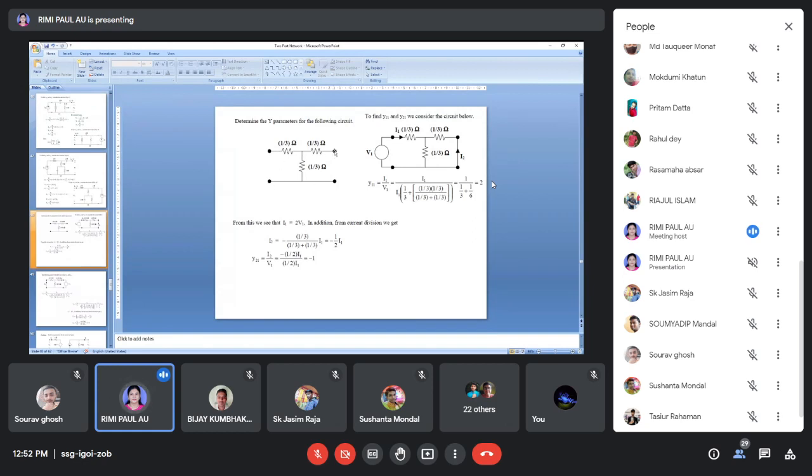Now if you get I1, then you can find out what is the current flowing through this path, and that is equal to minus of I2, because current minus I2 is flowing towards this. So as I am taking current towards this direction, that's why I have to just reverse this current. Just I am showing you.